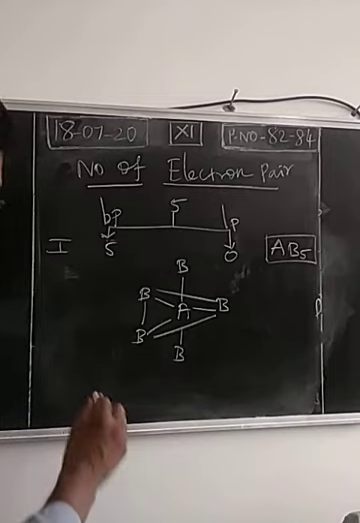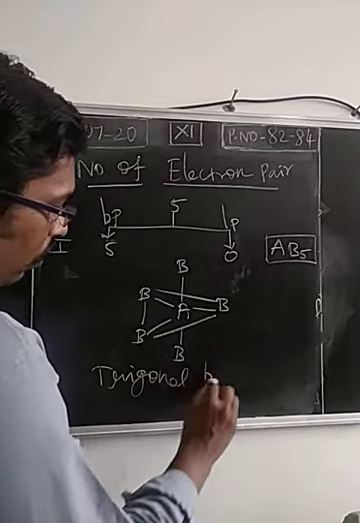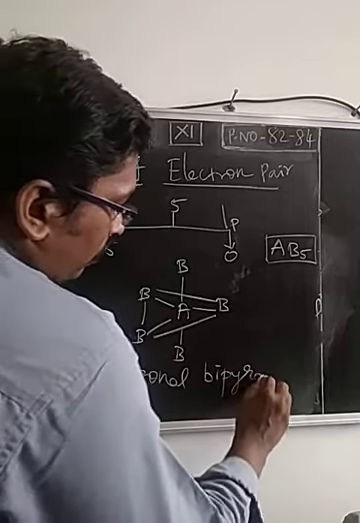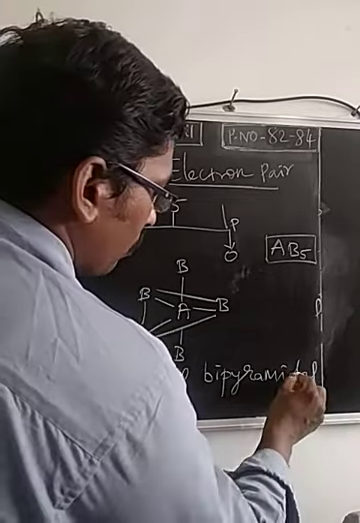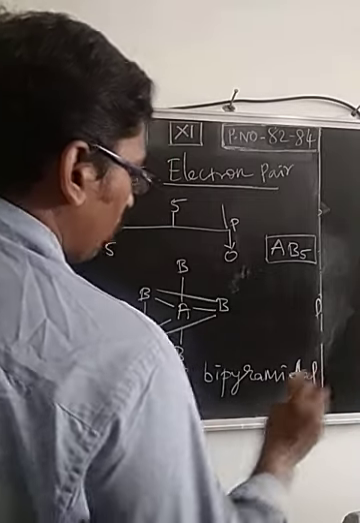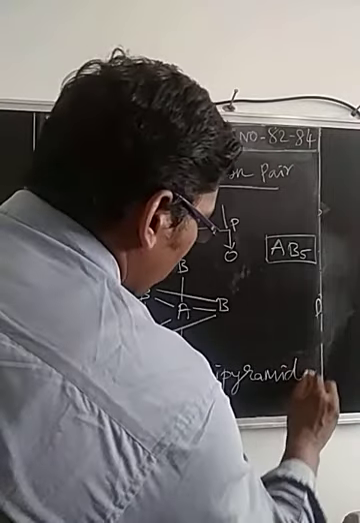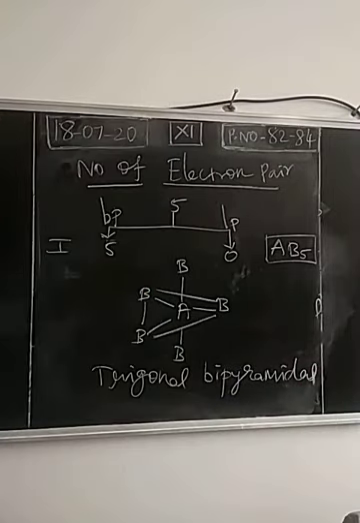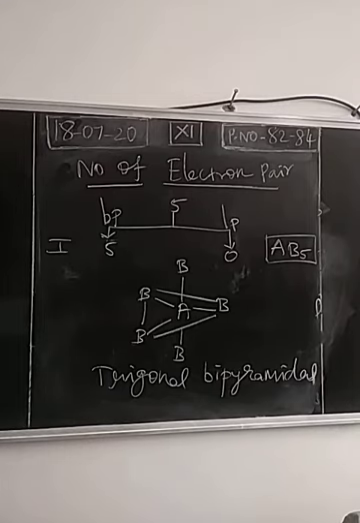This is called trigonal bipyramidal. Trigonal bipyramidal. So all the 5 electron pairs present as bonded pairs.